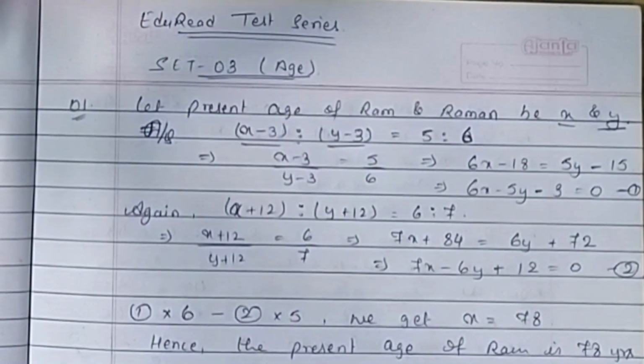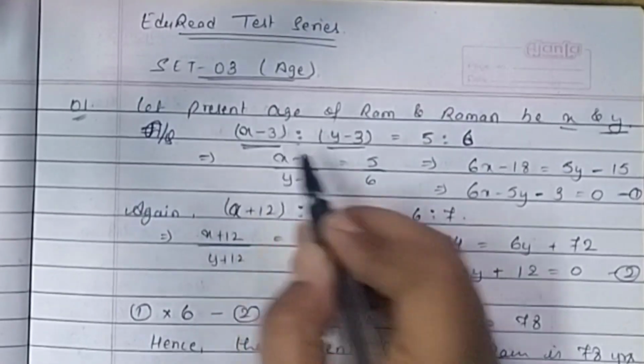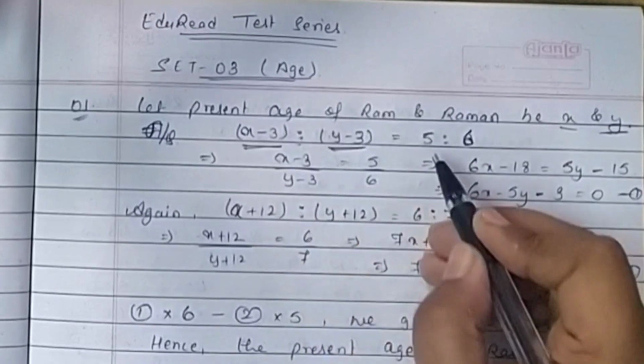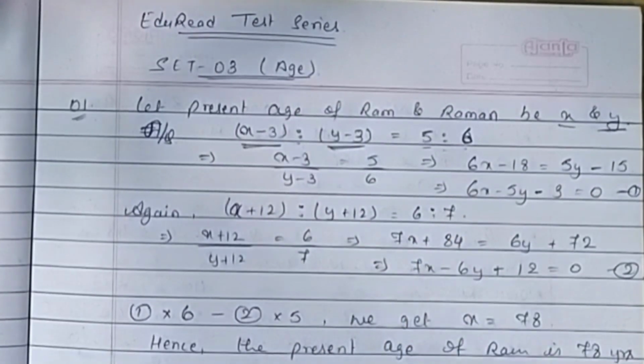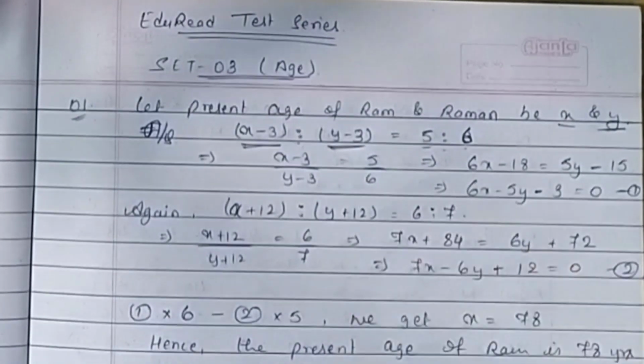Now, following the question, the ratio between Ram and Raman's ages was 5:6, 3 years ago. So we have made the equation: x minus 3 ratio y minus 3 equals 5:6. If we remove the ratio sign, we have to add the divide sign between them.